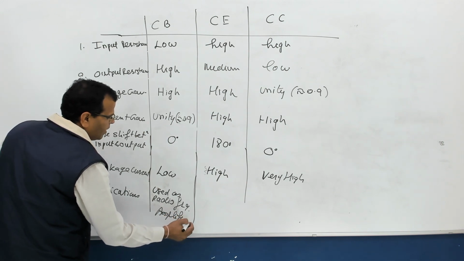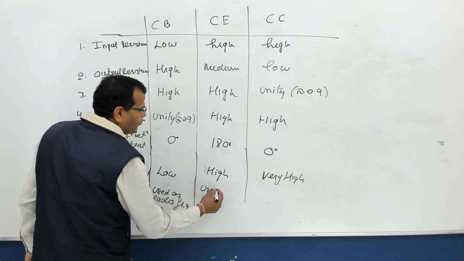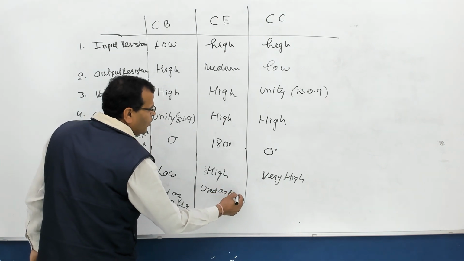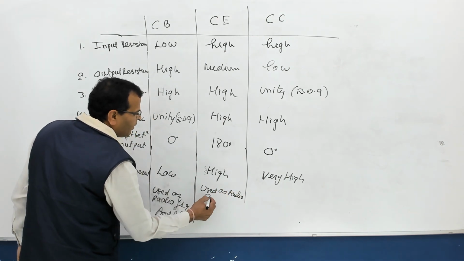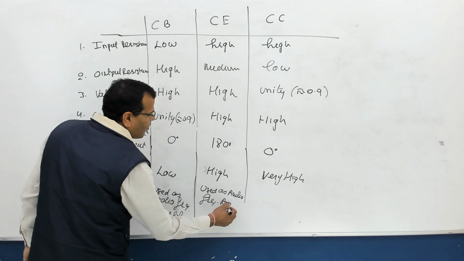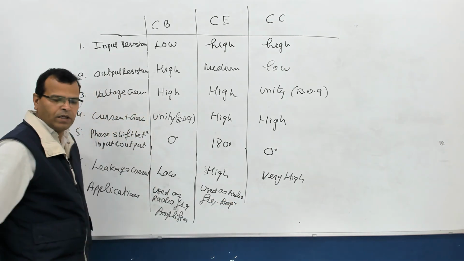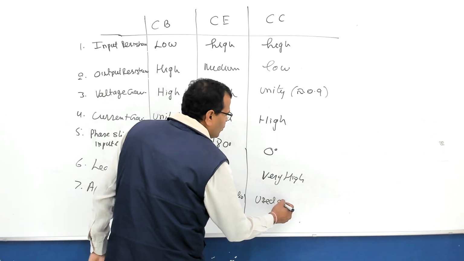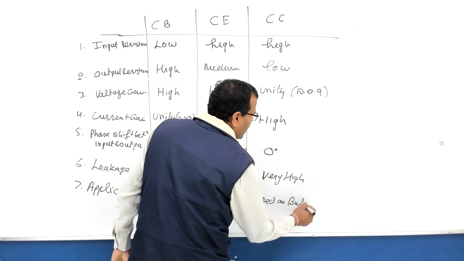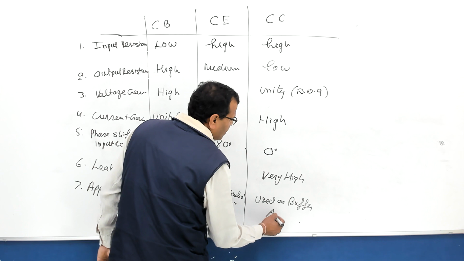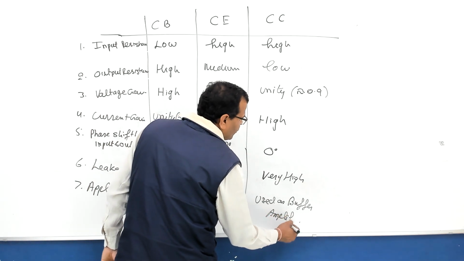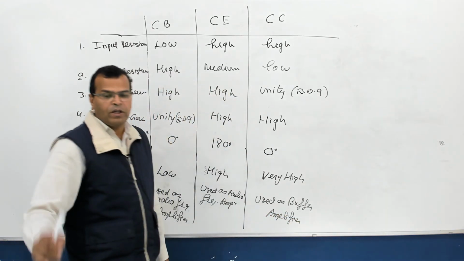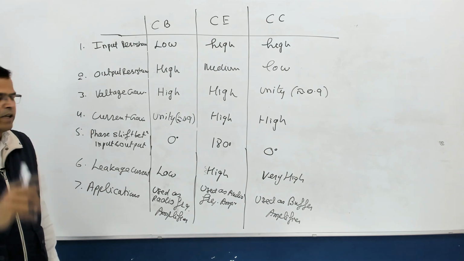It is used as audio frequency, meaning low frequency amplifier. Please do remember this. And it is used as what? Used as buffer amplifier. I told what is buffer amplifier. That is an amplifier which increases the power level without changing the voltage level.